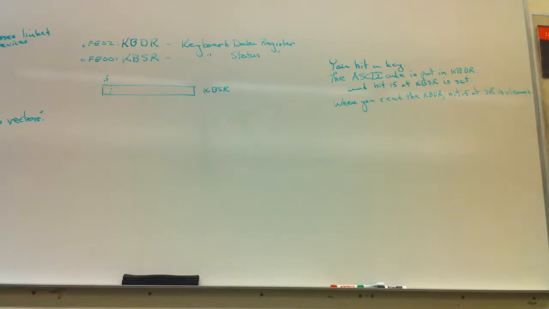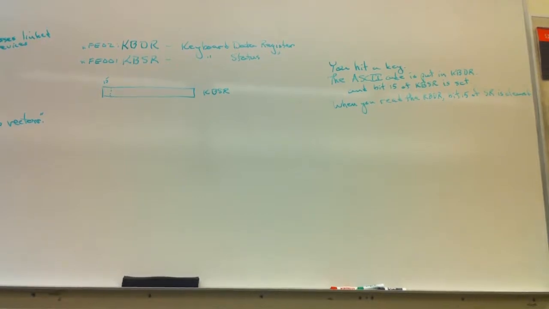As soon as you read it, that clears that bit. Now, that's used, you see, in order to keep the system from overrunning itself. It's probably less significant on reading from the keyboard than it is from printing to the screen, but we'll kind of look at this thing.